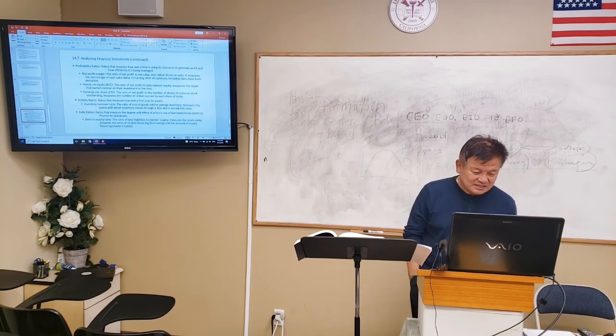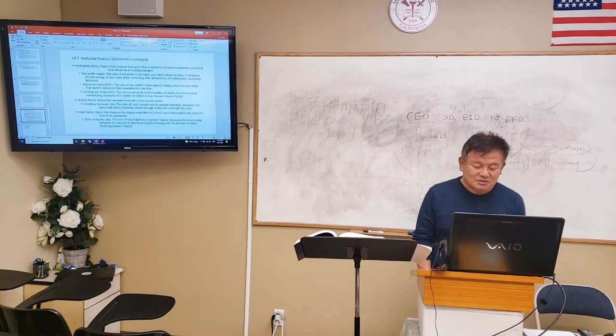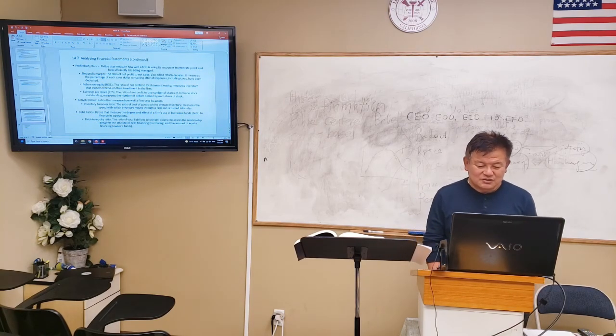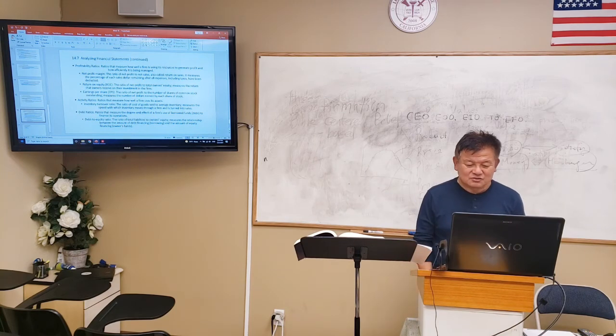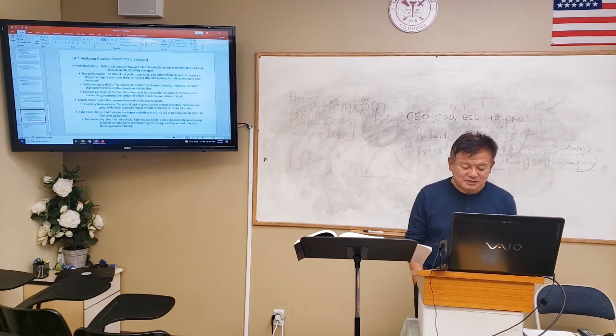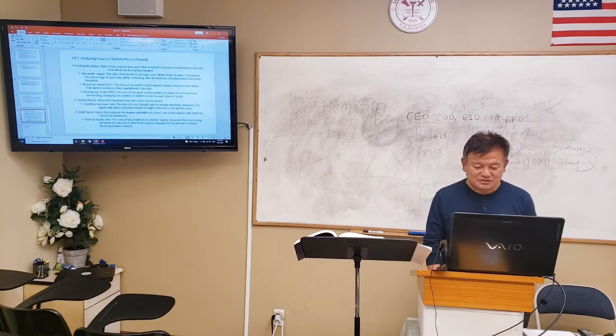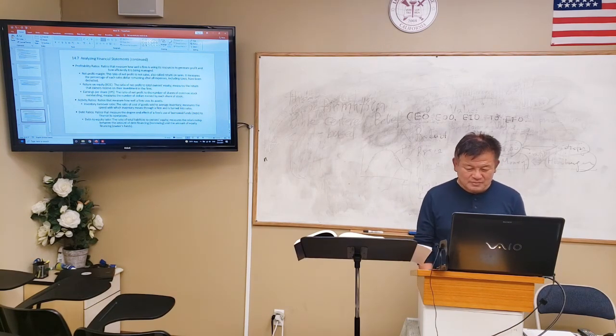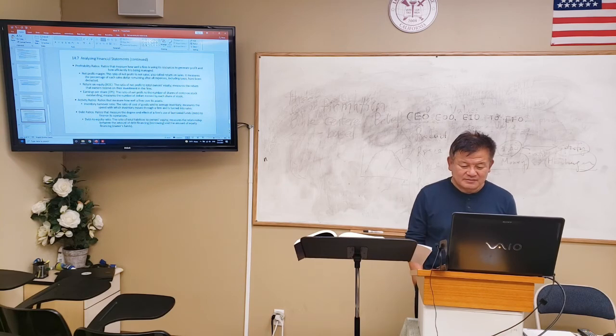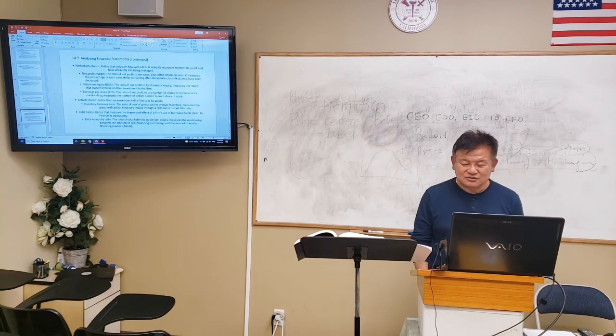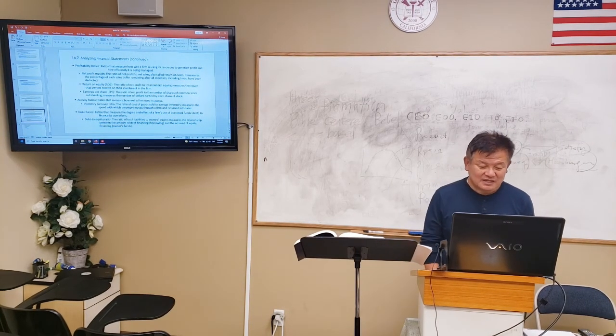The other one is the inventory turnover ratio. The ratio of cost of goods sold to average inventory measures the speed with which inventory moves through a firm and is turned into sales.